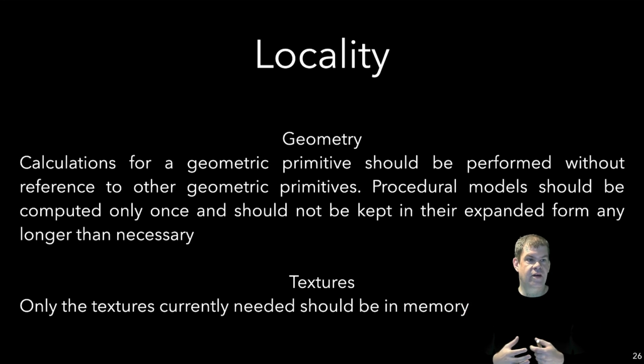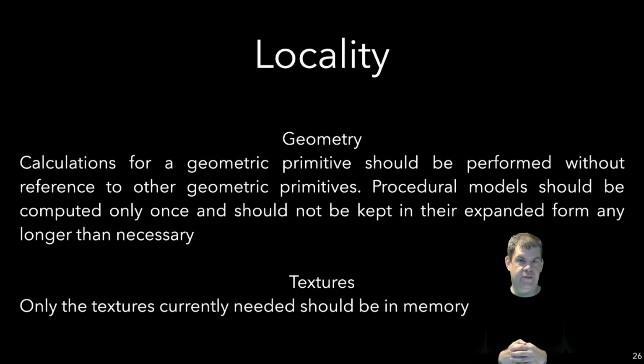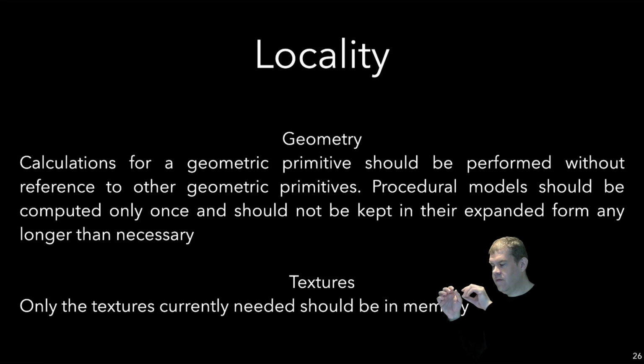Then locality was another one of those requirements. I mentioned that before with vectorization. So we want all calculations to be performed locally. That basically means not only that similar nearby computations should access similar memory, but it also means we generally don't want global data access. The ray tracer is a particularly good example. If I cast a primary ray, you could say it's a local computation, right?